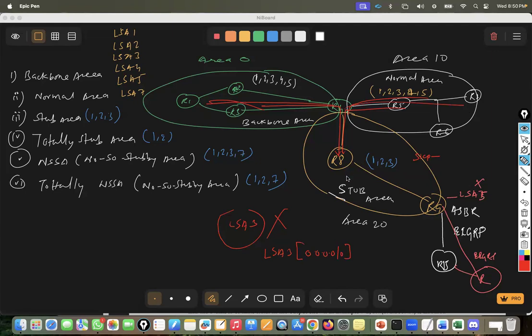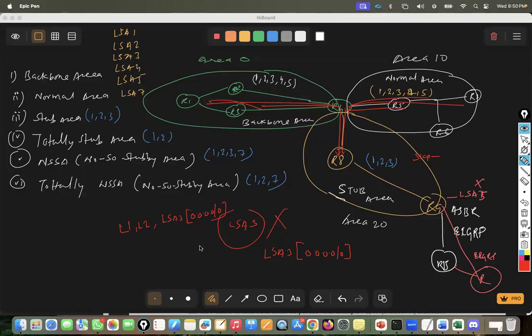That is the meaning of the totally stub area. Technically, LSA 1 is going to be there, LSA 2 is going to be there, LSA 3 is also going to be there, but this LSA does not have the specific routes, it has the default route. Make sense?